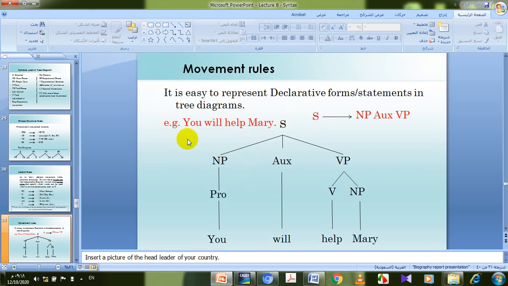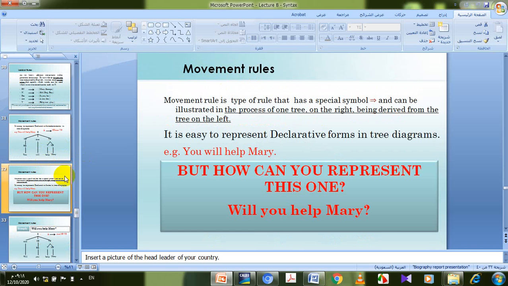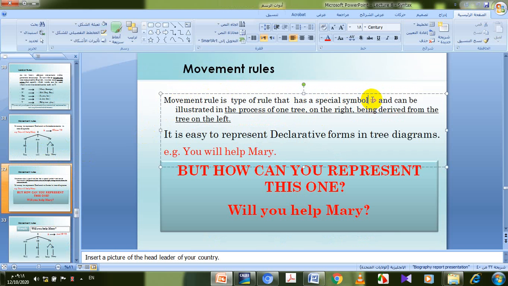Okay, so this is a movement rule. What is a movement rule? A movement rule is a type of rule that has a special symbol. This is the symbol, like an arrow.